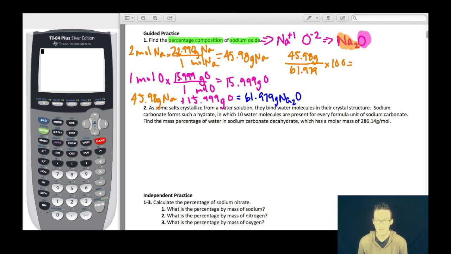If I put that into my nifty calculator, 45.98 divided by 61.979 equals, times 100. The percent by mass of sodium in this compound is 74.19%.